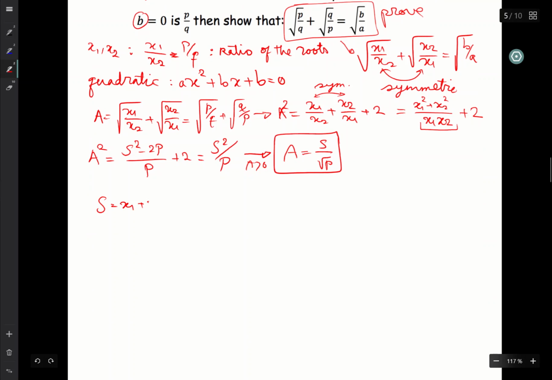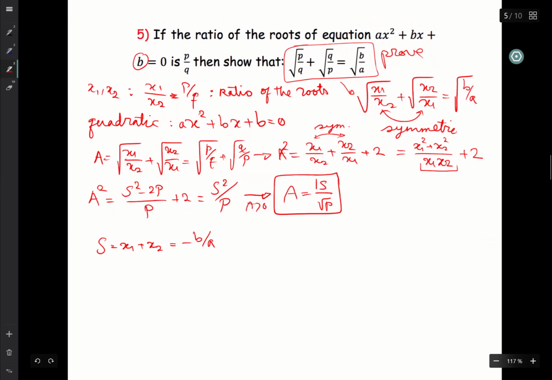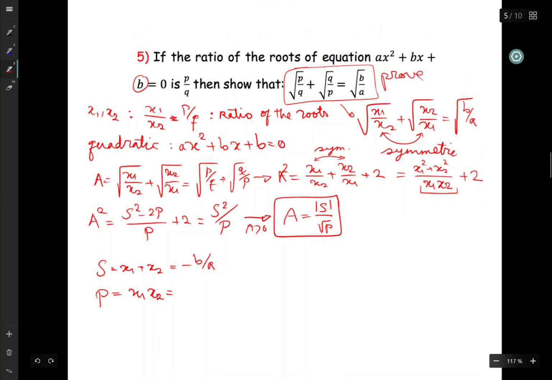x1 plus x2 is minus b over a. Let's put that s in absolute value. And what is p? x1 x2 is c over a, but c is b, so b over a, right?